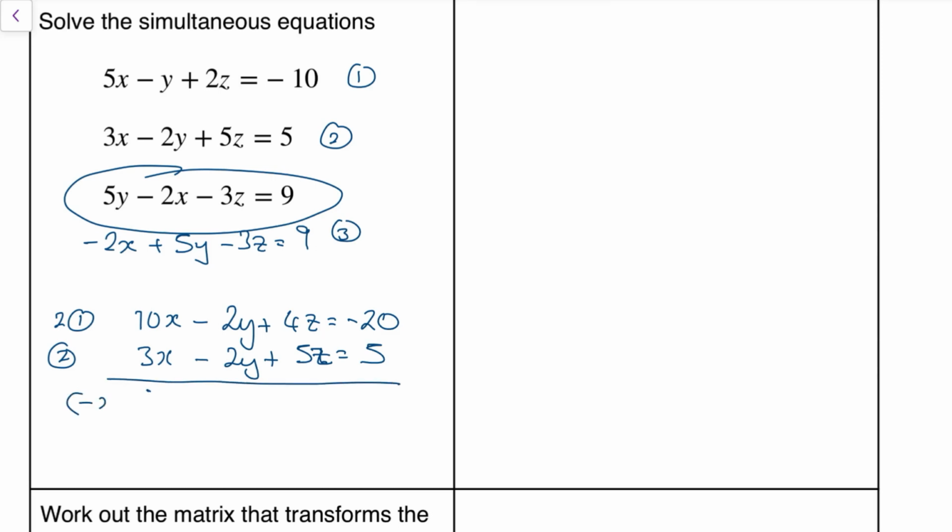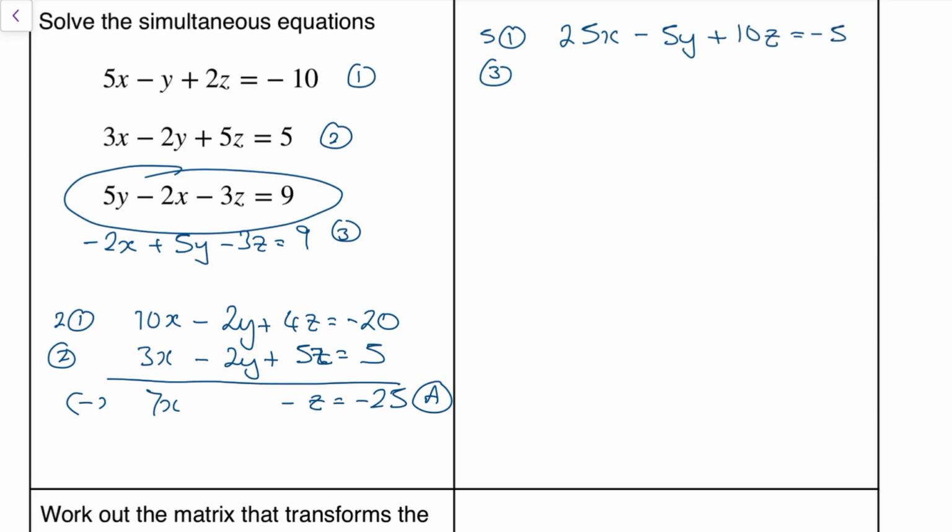So 10 minus 3 is 7x. Minus 2y minus minus 2y goes away, and 4 minus 5 is minus z. Minus 20 minus 5 is minus 25. That's okay. Then I need to get rid of the y's again. So we'll do 5 lots of equation 1, and we'll do equation 3. So 5 lots of equation 1 is 25x minus 5y plus 10z is equal to minus 50.